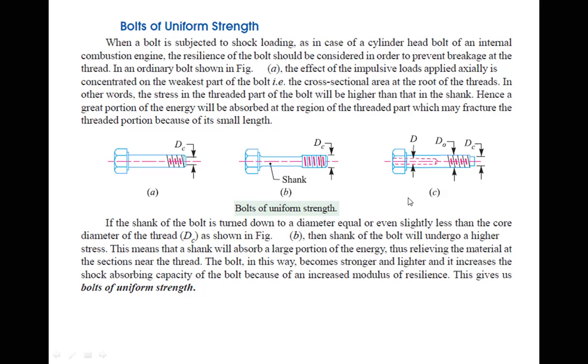So we are converting our simple bolt into a bolt of uniform strength. That is the concept.